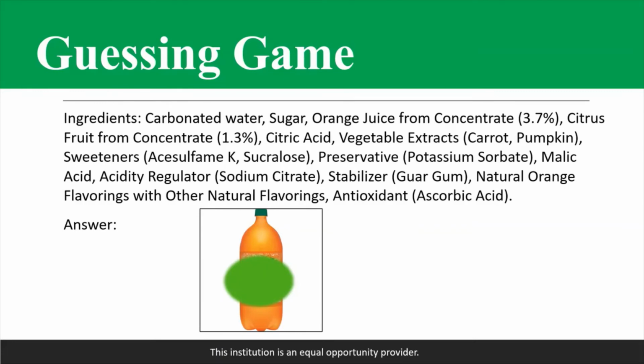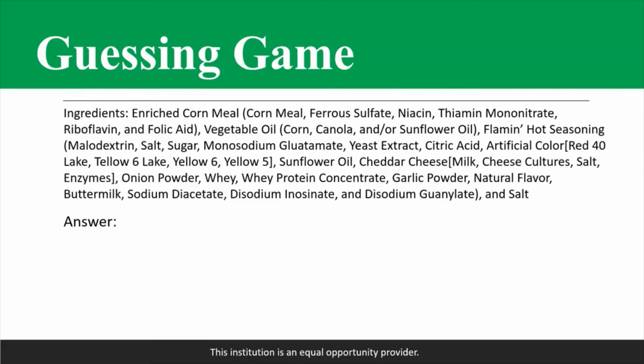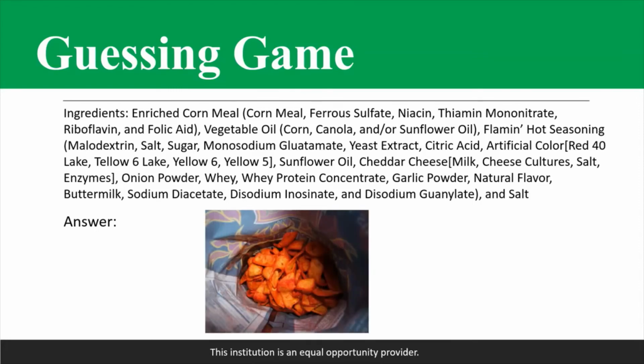First ingredient is water and then sugar, right? So that's basically what comprises a soda. So next up we have cornmeal, vegetable oil, and flamin' hot seasoning as our top 3 ingredients. So this one is going to be a corn chip, so a bag of corn chips.